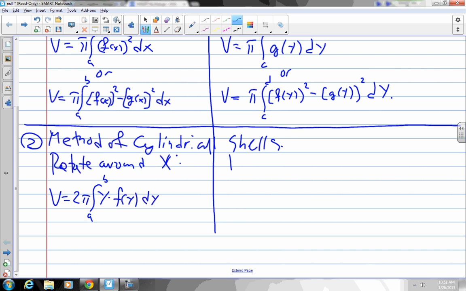Now rotate around the y. We'll get a dx integral. So V equals the integral 2 pi from c to d, x times g of x dx, or whatever your function is.